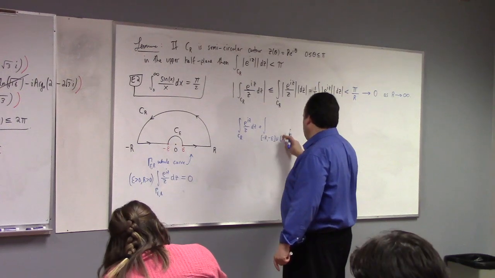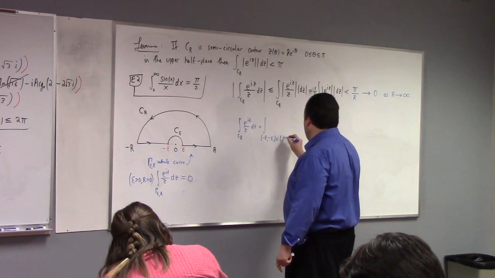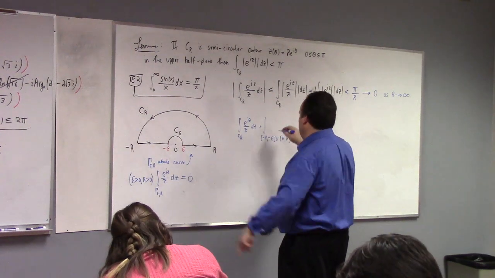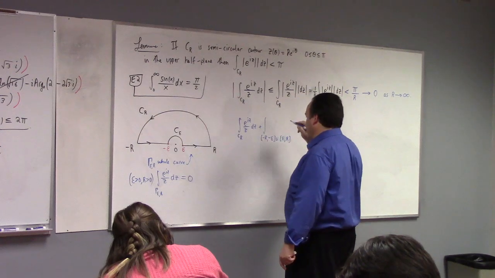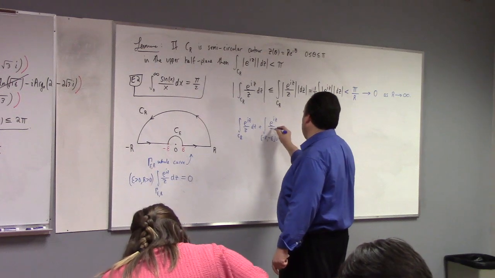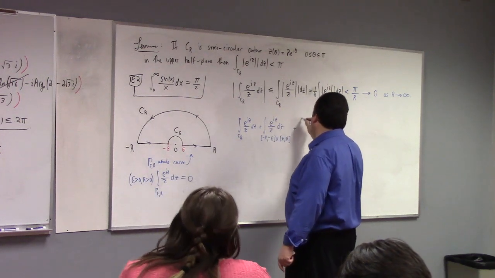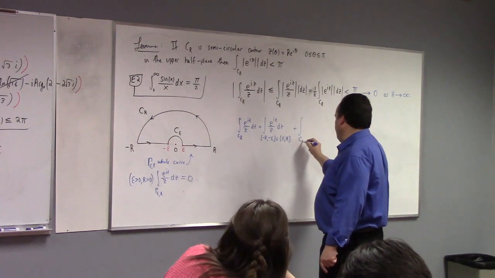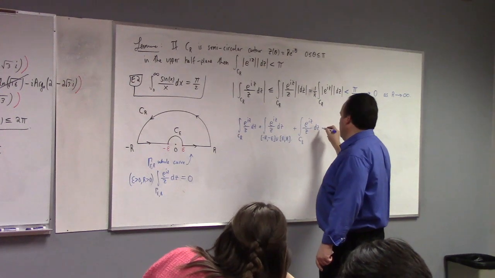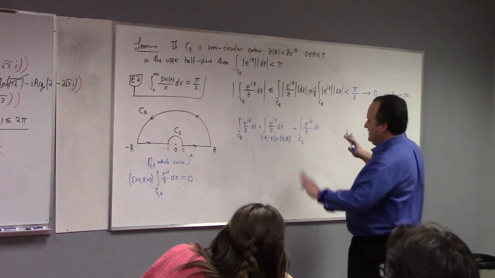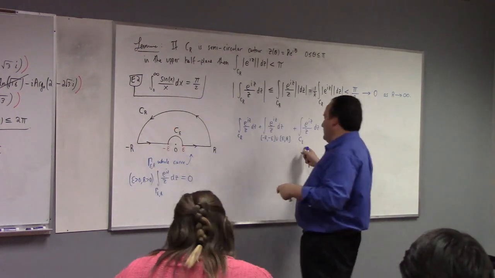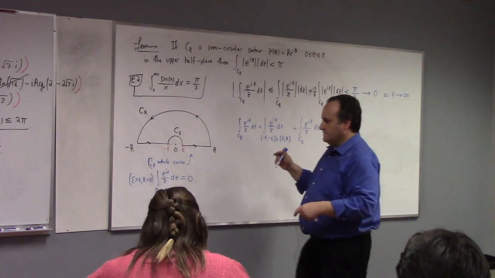Those are the ones along the x-axis, e to the iz over z dz, plus the integral over C epsilon of e to the iz over z dz. I think that's it, right? I've got these two segments, which I wrote as one. Yeah, that's it. Now, the C epsilon, what's the orientation?